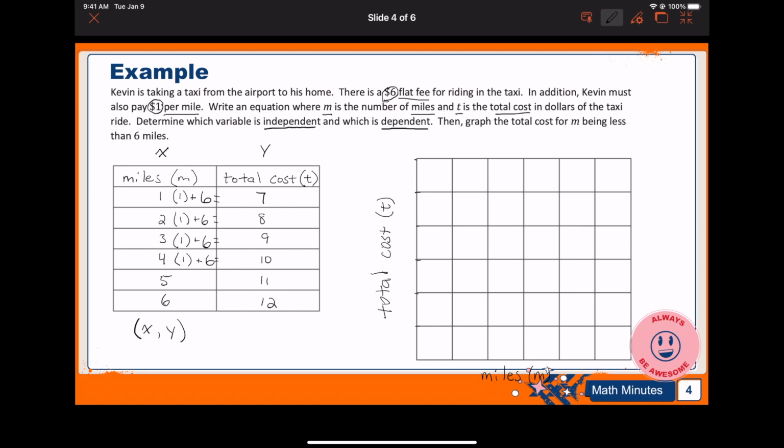So if I count by 2s, I can get up to 12, which will allow me to graph all those points on my y-axis. And then if I look at my x values, I need to get to 6, and I have 6. So let's just go ahead and label those now. So it's 1, 2, 3, 4, 5, 6 on my x-axis. Then I'm going to go up by 2s on my y because I need to get up to 12.